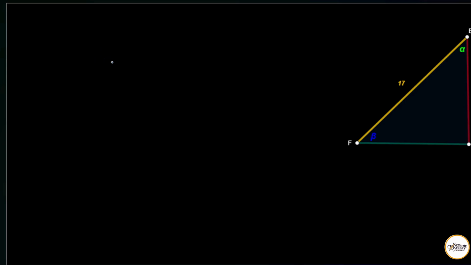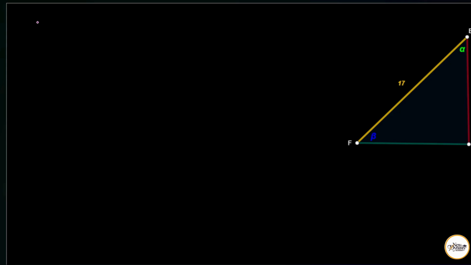Now, in this next example, we are given triangle EFG, and we are given sides EF and EG. We need to calculate the length of the side FG. So let's first go on and rewrite our Pythagoras theorem as we know it.